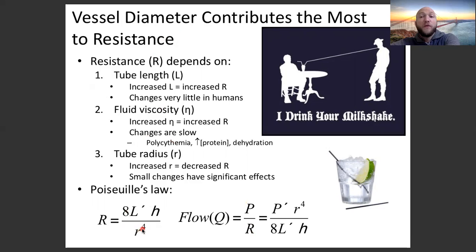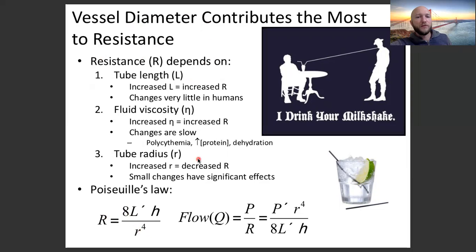Radius is raised to the fourth power in the resistance equation. Any change to radius is going to have a huge effect on resistance. Now, length is times 8, but really, the fourth power is going to have a huge effect on resistance. So vessel diameter contributes the most to resistance.